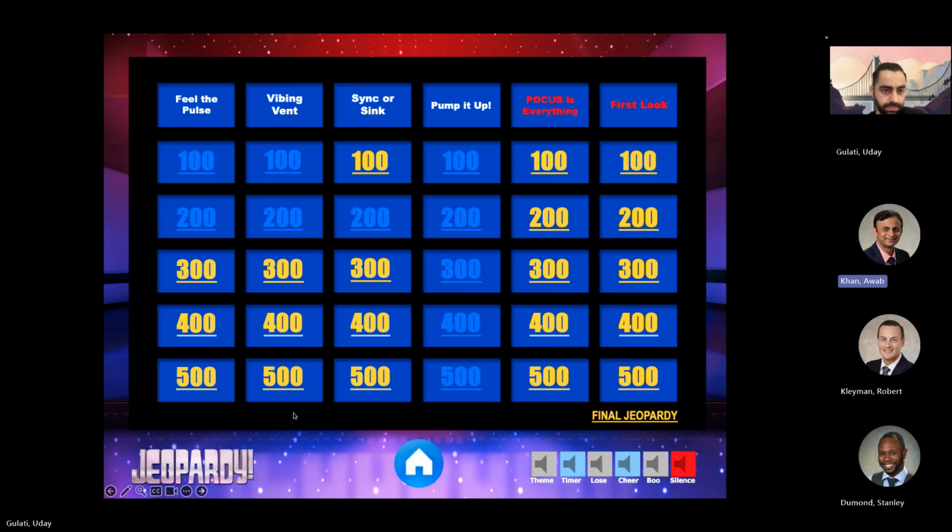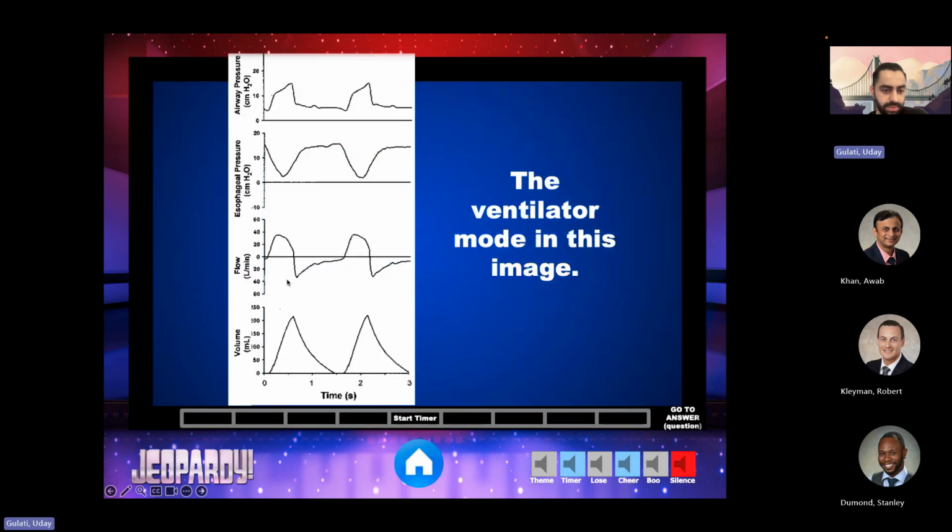Vibing vent 300. All right, what's the ventilator mode in this image? I'm giving you a big clue here, which is that second graph, your esophageal pressure manometry. I don't know why the board still tests on that, because some centers obviously still use it.